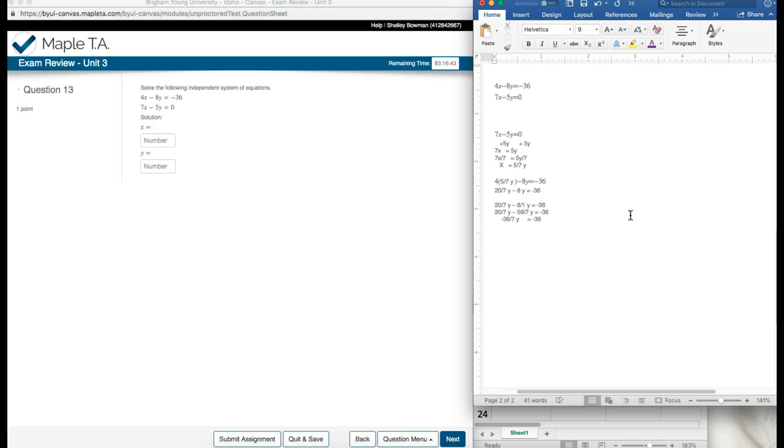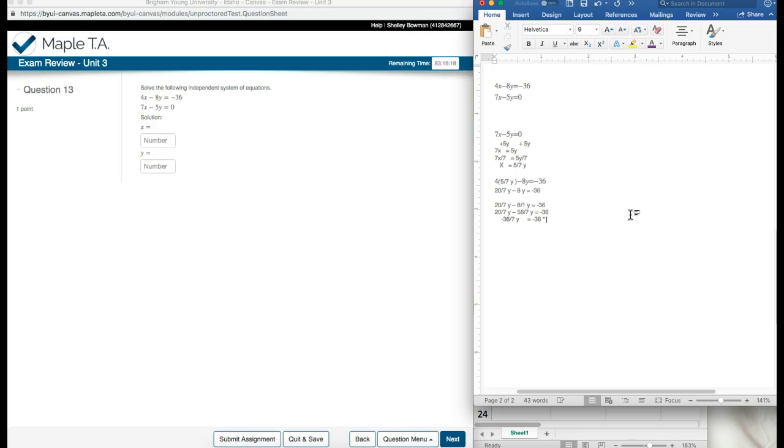Okay, so now I need to divide by this fraction of negative 36 sevenths, but we don't divide fractions, we multiply by the reciprocal, or we'll end up with a complex fraction, which just means we end up with fractions inside the fraction. So I'm going to multiply both sides by this reciprocal.